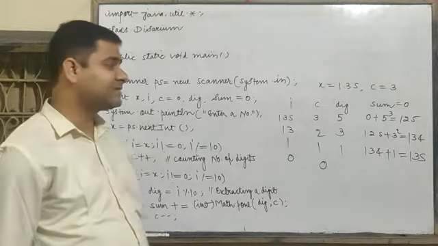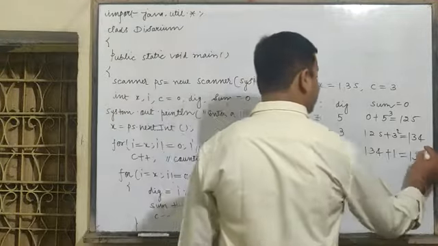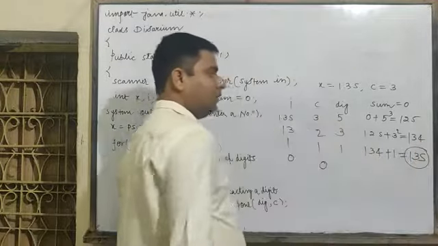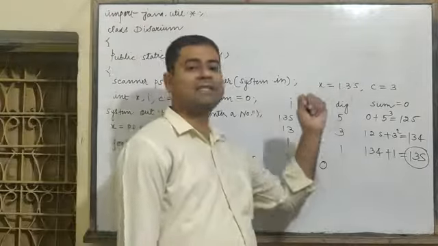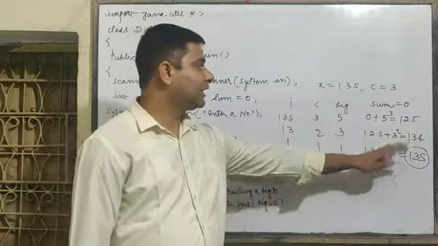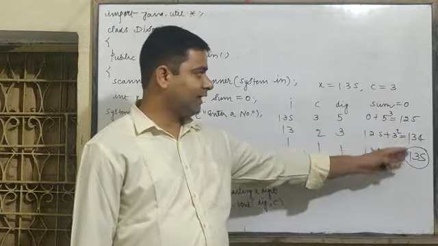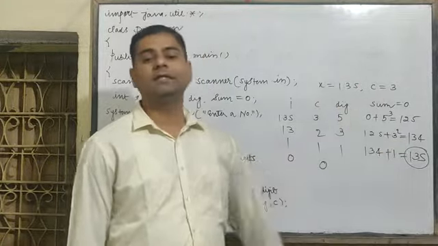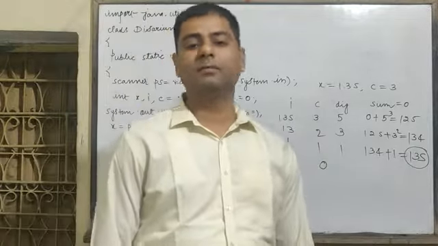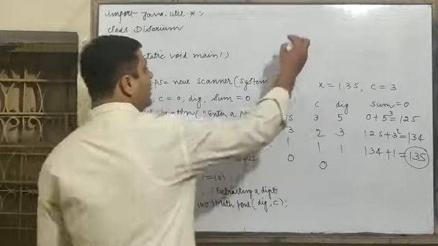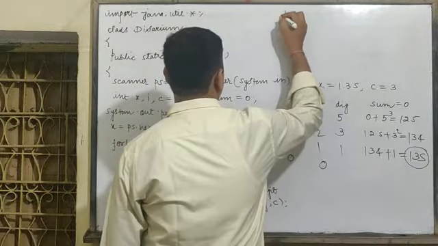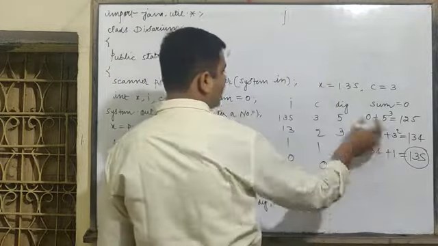So after the loop you can see the resultant value of sum. Okay? The final value of sum must be equal to the number itself, that is 135. If both the values are same, the number will be a Disarium number, otherwise not. So after coming out from this loop, we will compare the value of sum and x.